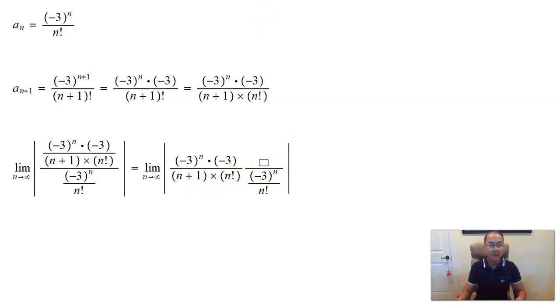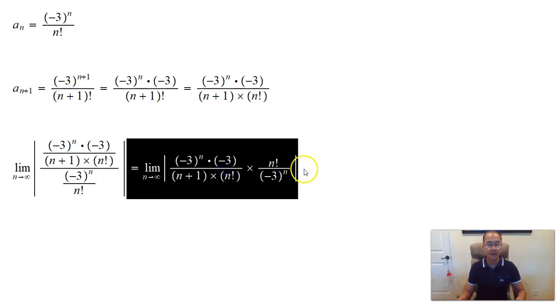So we will put n factorial in the numerator and negative 3 to the n by itself. We will put negative 3 to the n in the denominator. Instead of wasting your time on this step, just flip this fraction over, because you know algebra, and do a product instead.